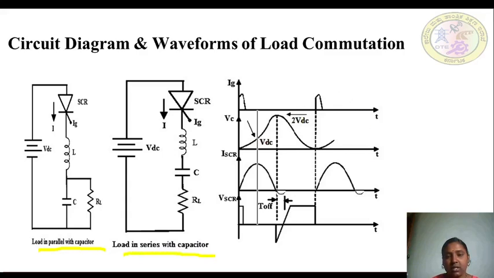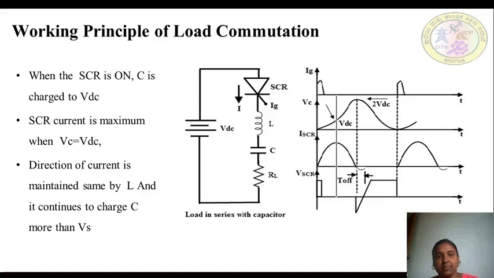And these are the waveforms showing how the gate current is going to vary, how the capacitor voltage is going to behave according to the gate, how the current through the SCR is going to vary accordingly, and what happens to the voltage across the SCR. In detail, we are going to see how these things happen in its working principle.